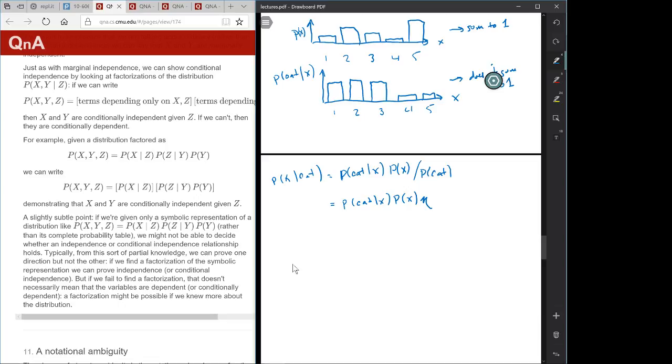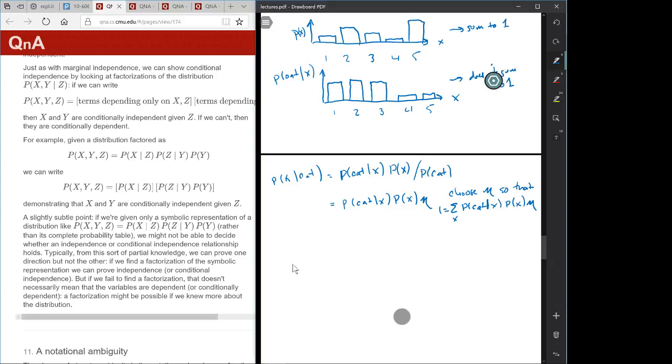And we choose eta so that the sum over all possible values of x of P of cat given x, P of x, times eta is equal to 1, right? Then we know that eta has to be 1 over P of cat, and we know that we've got this distribution, right? And so what we want to do is we'll take this multiplied by that, right?